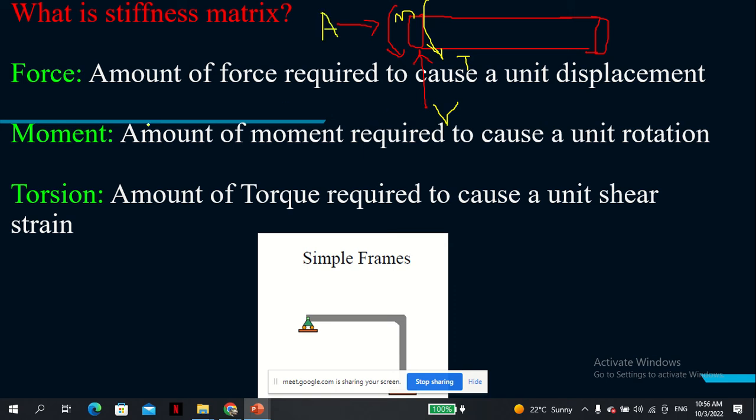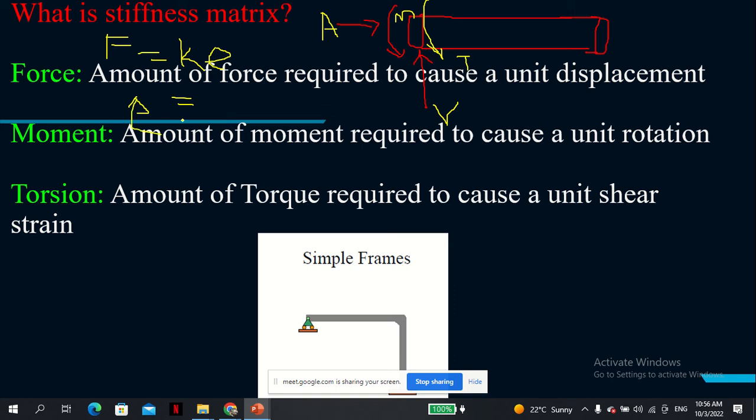Each of these has its own relation. For example, to get this, if you know this, force equals Ke. This is for axial force. You were taught this. So the extension that we need would be here now.